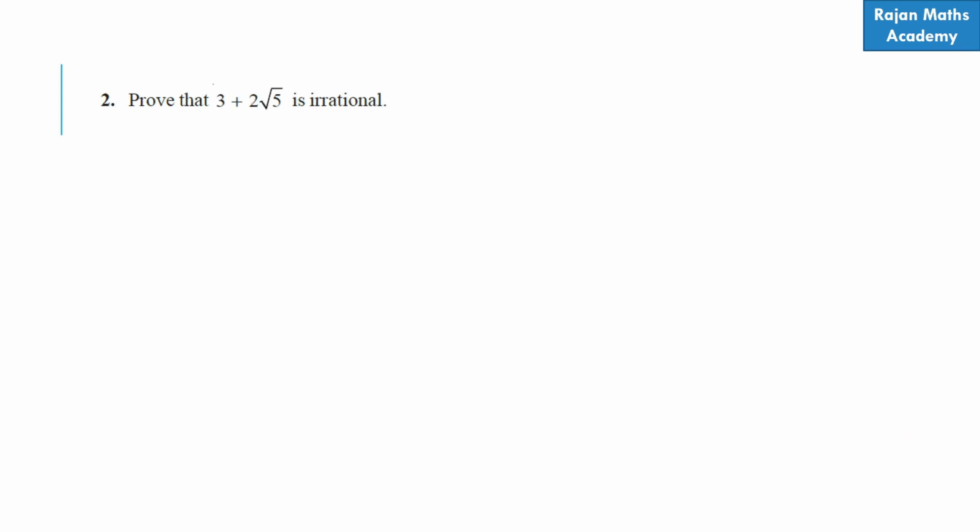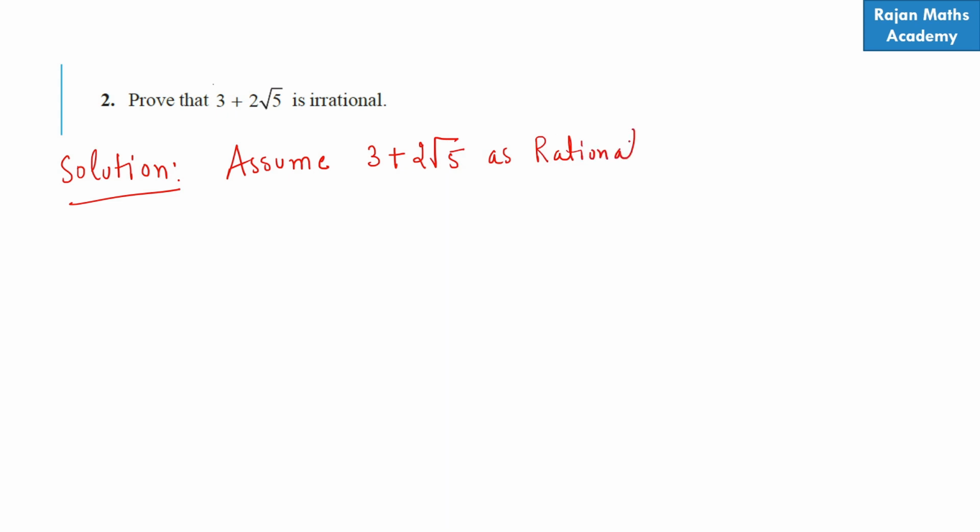Question number 2. Prove that 3 plus 2 root 5 is an irrational number. Solution. Assume 3 plus 2 root 5 as a rational number.